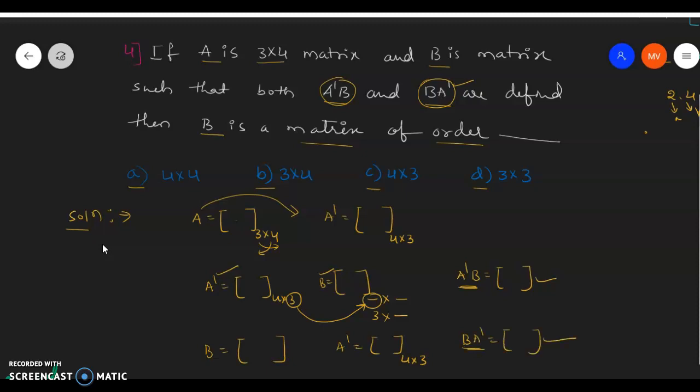Since I got the row of B matrix as 3, it will be defined only when the column of B matrix equals the row of the transpose matrix. So here it will be 4. So ultimately I got the B matrix as 3 cross 4. Therefore option B will be the right one.